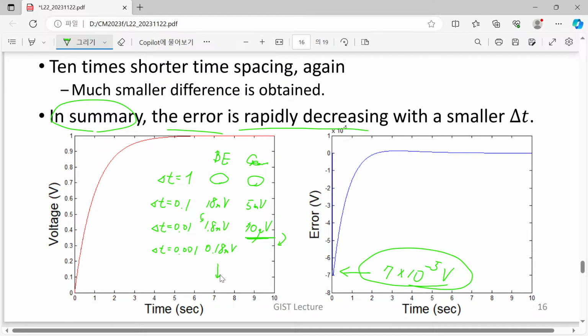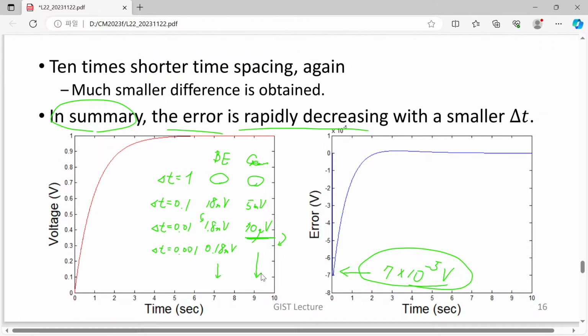Backward Euler is a linear scheme, so the error is more or less linearly dependent on your delta t. Gear's second order method is a second order method, so the error is more or less proportional to the square of delta t.